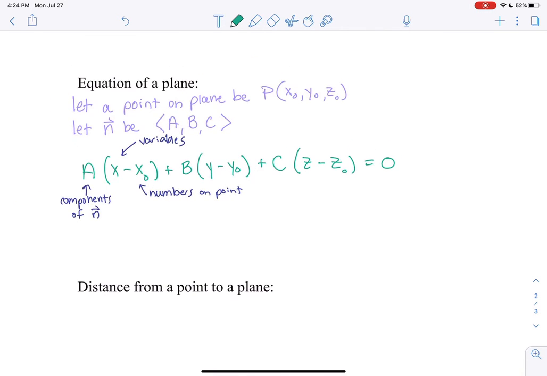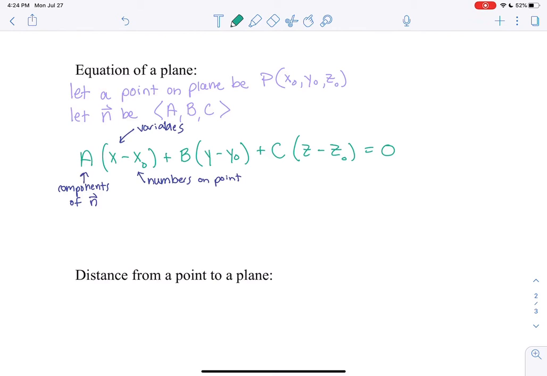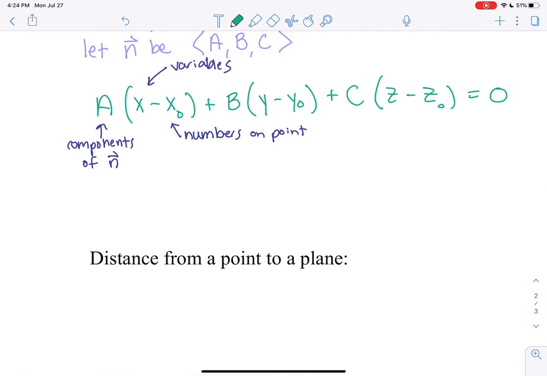Now, another way you can write it is because A, B, and C are scalars, the scalar components of the normal vector. This x naught, y naught, and z naught are also just numbers. Those are part of the point. If you distribute out the components of the normal vector to each of these terms, then you can collect all the numbers on the right-hand side of the equation and just leave the variables on the left-hand side. So it's sometimes written like this.